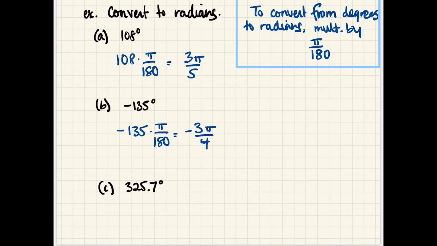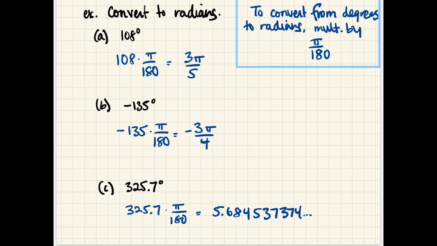All right, let's do this one. So 325.7 times pi divided by 180. Because they gave us this one in decimals, that's kind of a free license to use a calculator and give our answer in terms of decimals. So this is one occasion where we should just use our calculator. I get 5.684537374, and that's in radians.